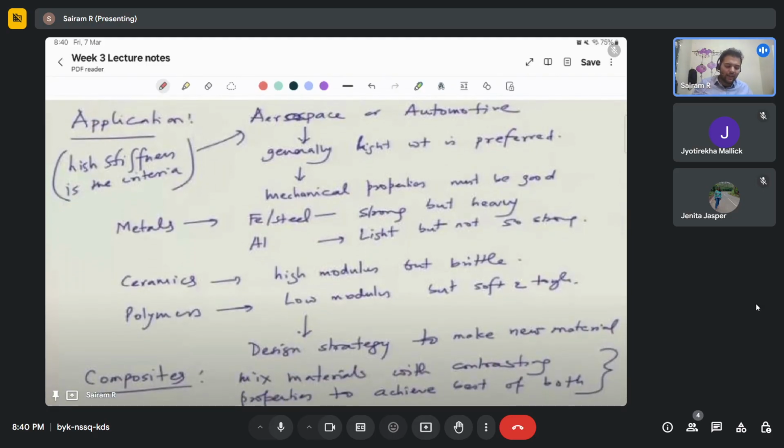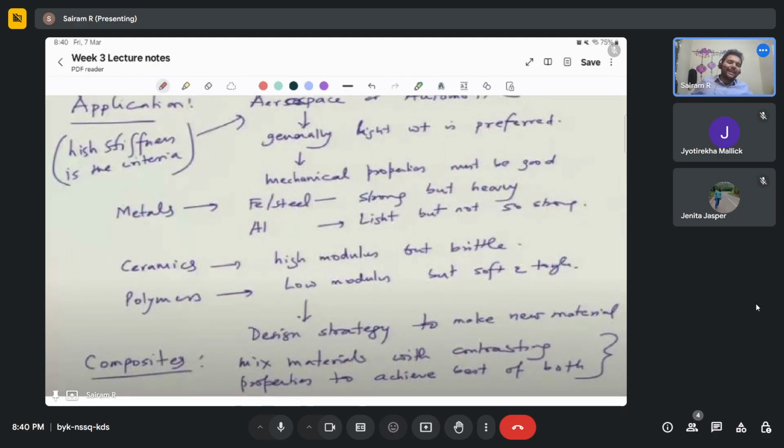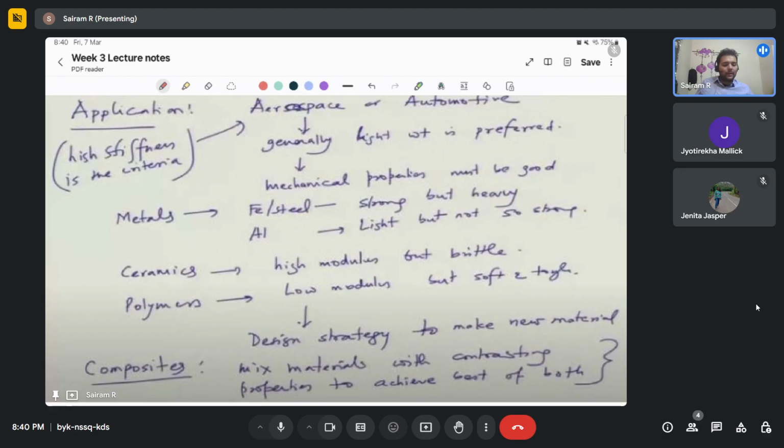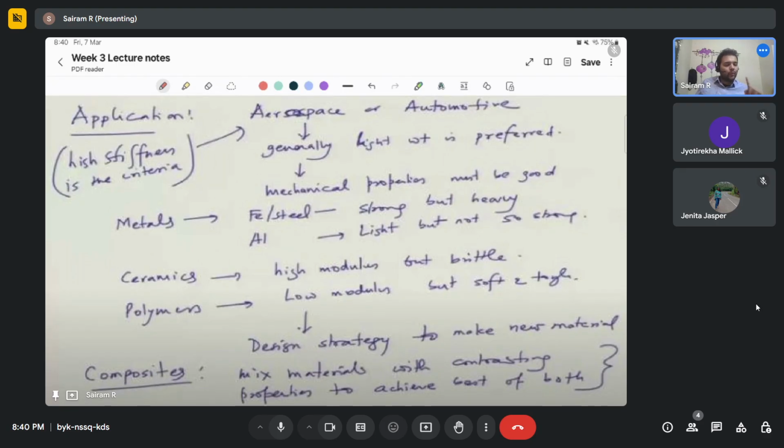So, why are we looking into these aspects? It is because in real life applications, seldom are we going to come across an application where we want only hardness. We want it to be extremely hard, or we want it to have an extremely high value of elastic modulus, and we don't want any other properties. Seldom are we going to have properties with only one need.